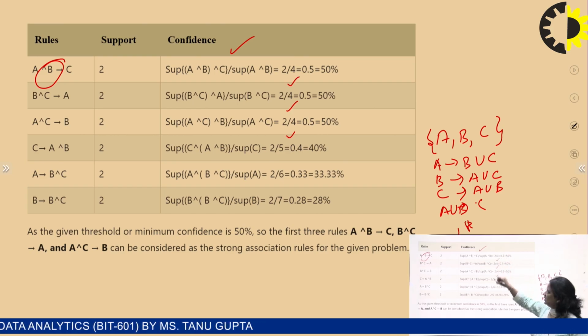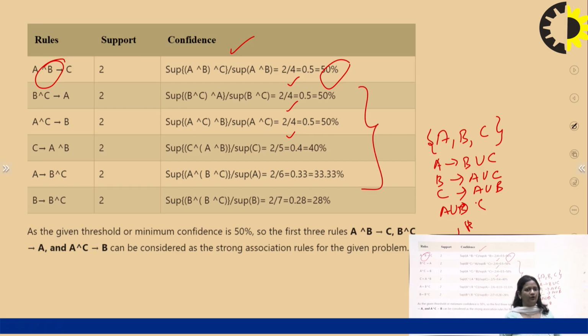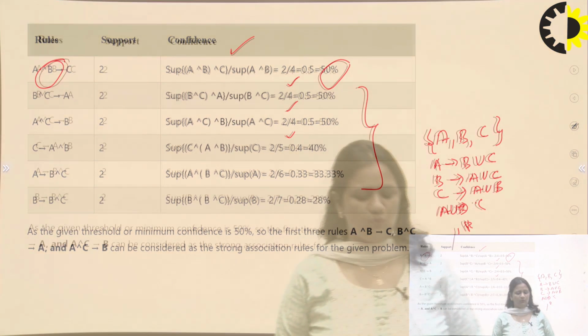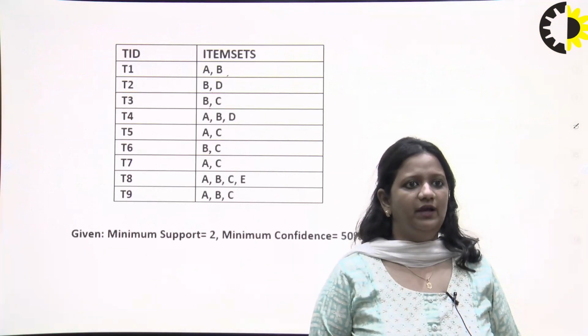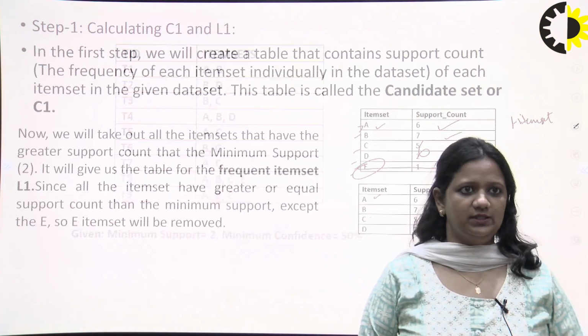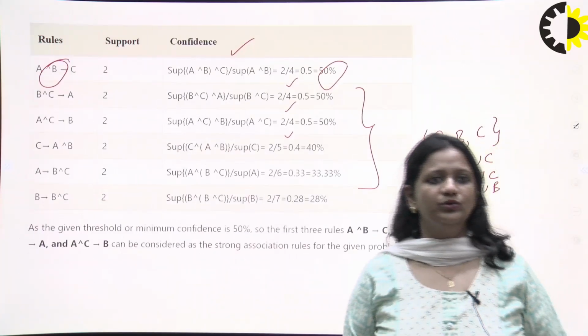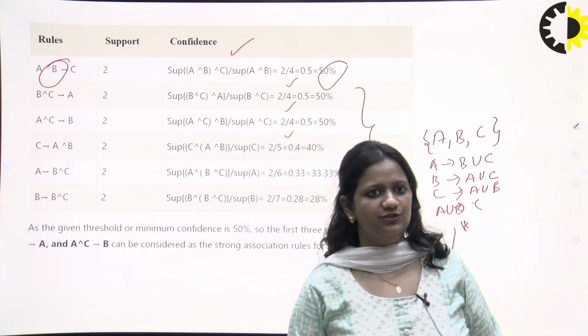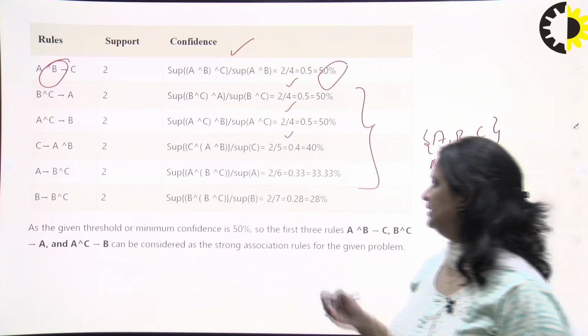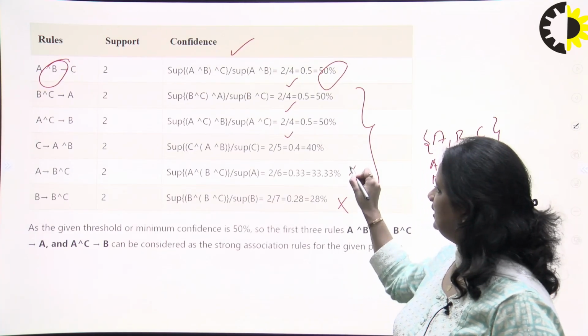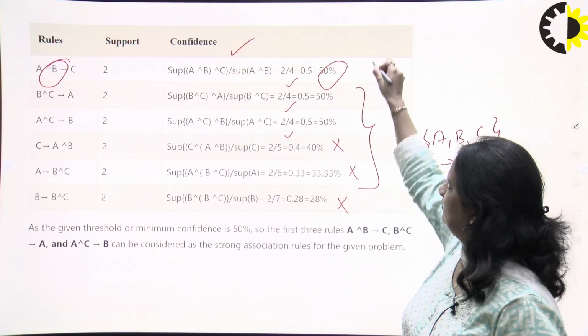So the values would be like this. Now these are the confidence values, and in the question we are given a minimum confidence of 50%. So we eliminate those rules which do not satisfy our minimum threshold value of 50%. So this one is eliminated, this one is eliminated, this one is eliminated.